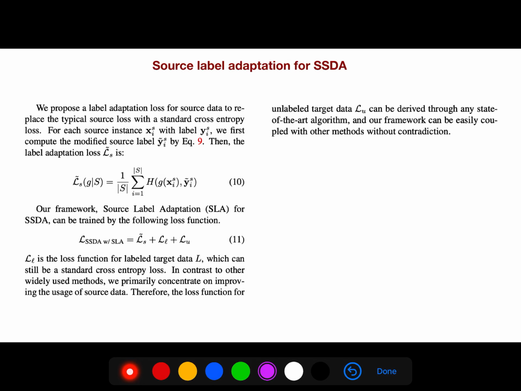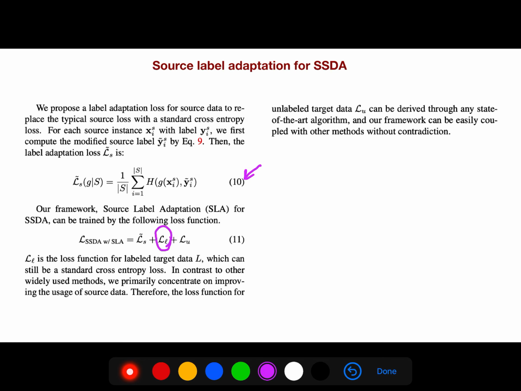And finally, we propose a label adaptation loss for source data to replace the typical source loss with standard cross-entropy loss. For each source instance, we first compute the modified source label, and the label adaptation loss is here.